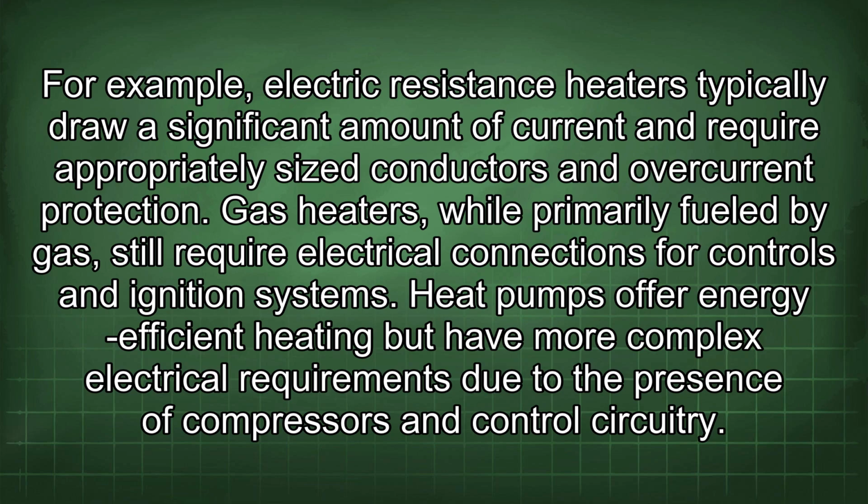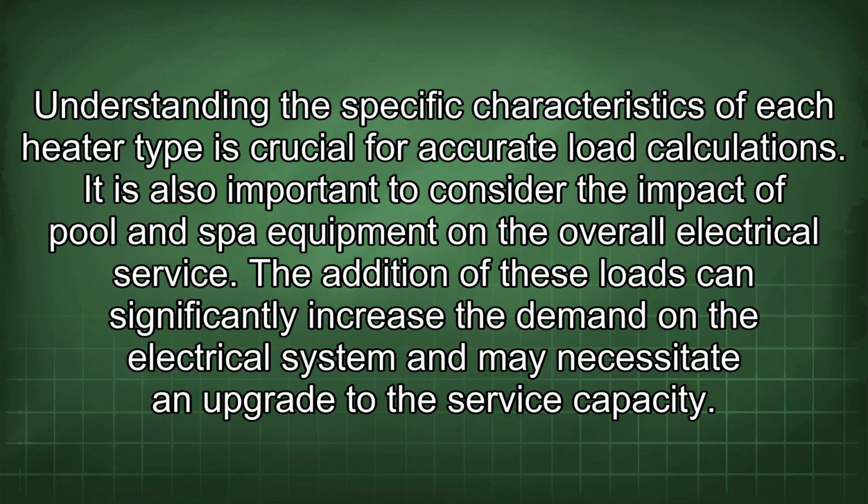Gas heaters, while primarily fueled by gas, still require electrical connections for controls and ignition systems. Heat pumps offer energy-efficient heating but have more complex electrical requirements due to the presence of compressors and control circuitry. Understanding the specific characteristics of each heater type is crucial for accurate load calculations.